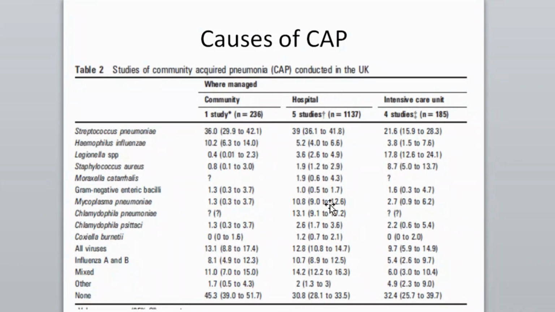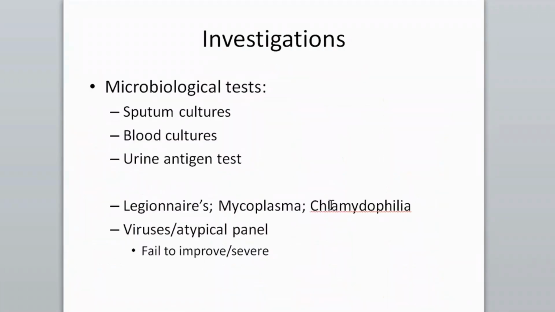You'd have penicillin and a macrolide cover, so penicillin and clarithromycin. As I say, the trust policies on those specific ones will change, and they change in the same trust with time, but it's just recognizing that that is a separate entity. Also, someone presenting with pneumonia from a nursing home, you should probably consider that as care home acquired or healthcare acquired pneumonia potentially. Does that answer your question?